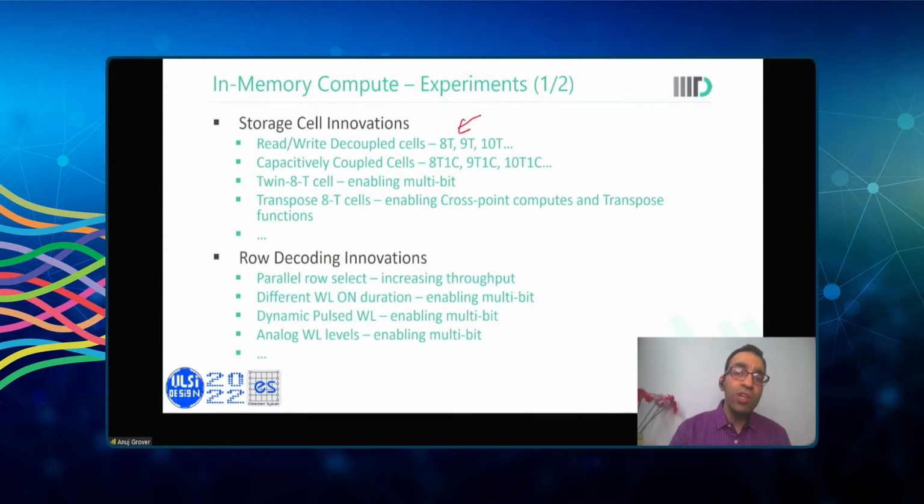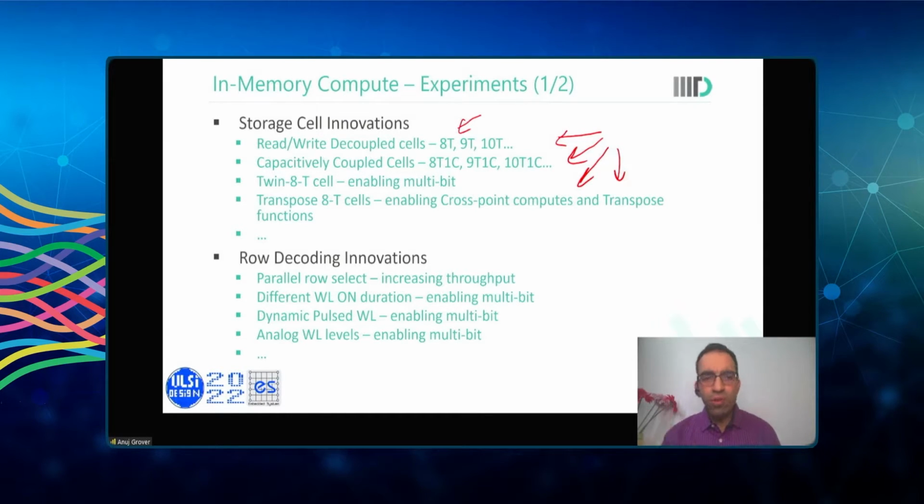And you will notice that each of these schemes has its own benefits. Twin 8T cells enable 2-bit weights inside your memory cell itself. Transpose 8T cells have been proposed to enable cross-point computes and even transpose functions, for example, for imaging applications.